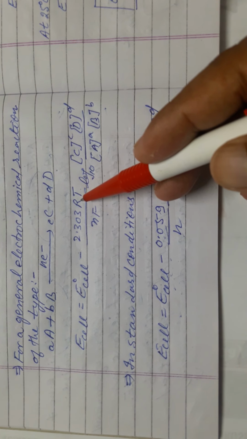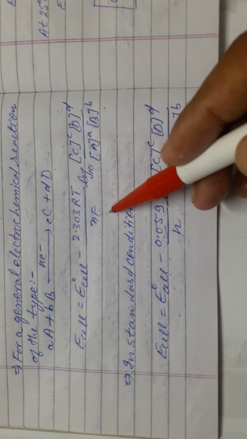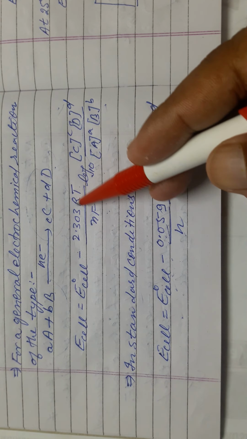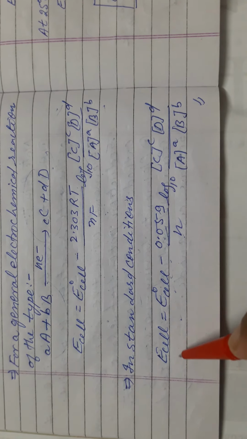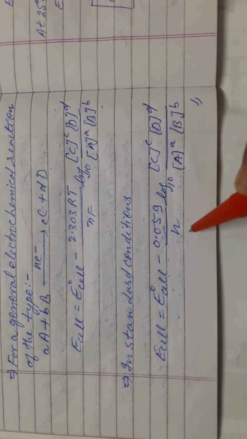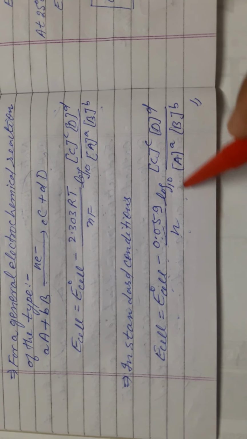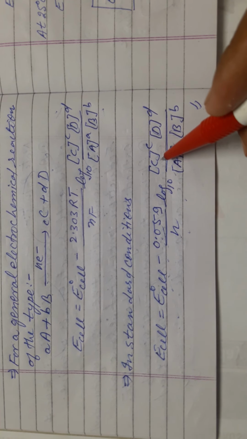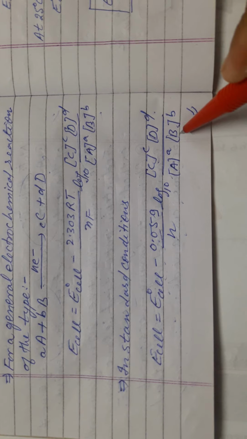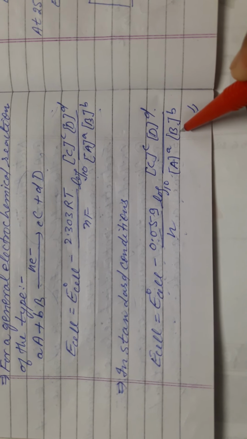The value of R is constant, we know that very well. F is Faraday constant, 96500. After putting the values of these constants, we will get E cell equals E naught cell minus 0.059 upon n log to the base 10 concentration of product ion upon concentration of reactant ion. Okay, thank you.